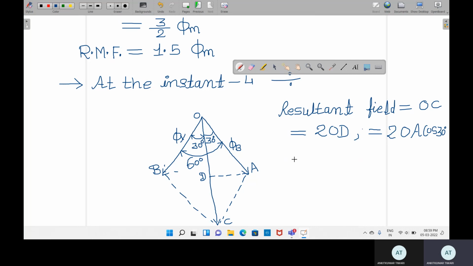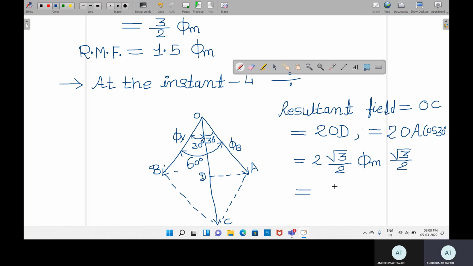So we will solve like earlier. So 2 into root 3 by 2 into phi m into root 3 by 2.